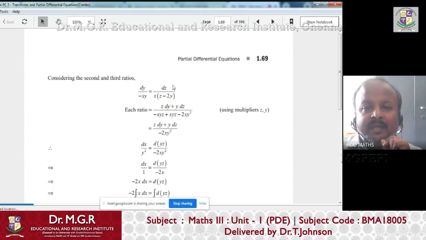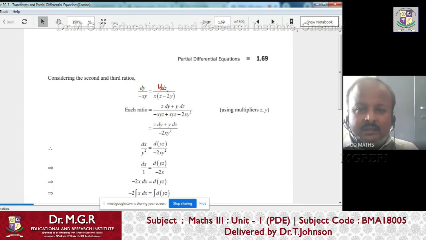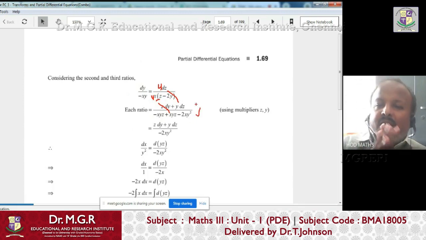So you have to multiply z with dy. Now you can multiply y with dz. Y with dz. So if you multiply y with dz, it is y dz. And here if you multiply, it becomes x into y into z. So that is xyz. And here minus 2xy square. You may ask, sir, why we are doing like this?